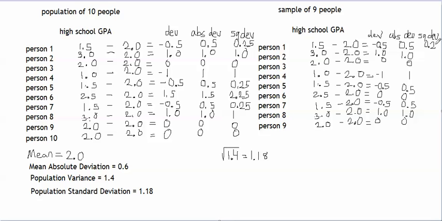So what we would have to do is add these 9 numbers in the absolute deviation column and divide the total by 9, since we have 9 numbers in this column. If we have 9 people, we end up with 9 data values, and then we end up with 9 absolute deviations.